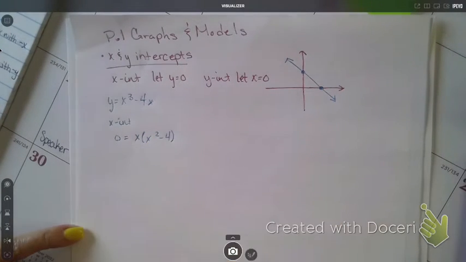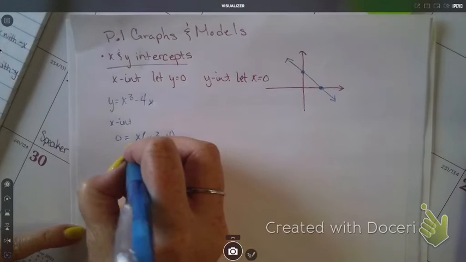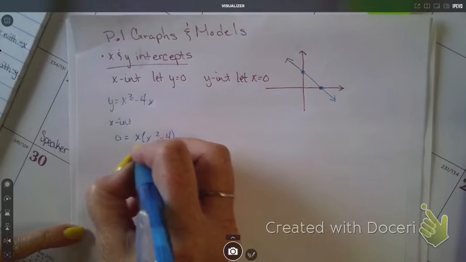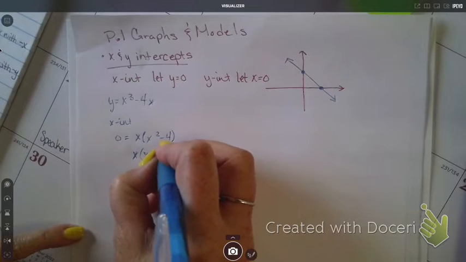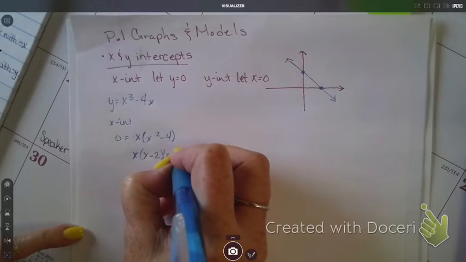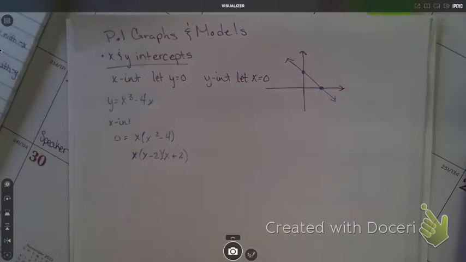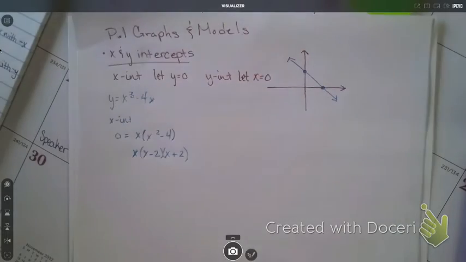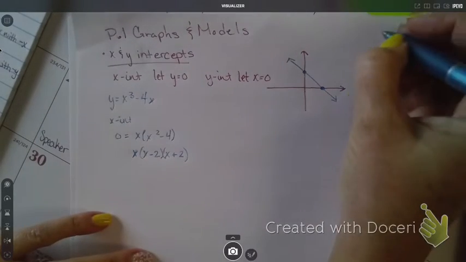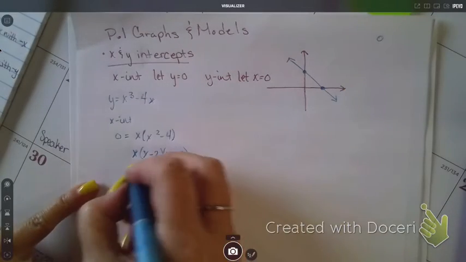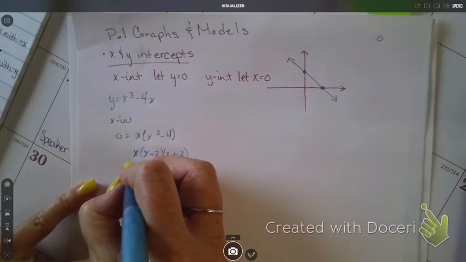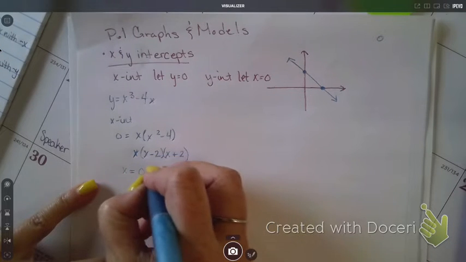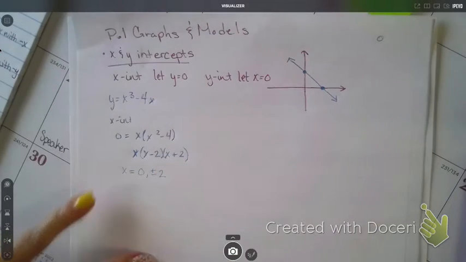No. So we have x times x minus 2 and x plus 2. So x equals what? 0, plus or minus 2. Okay, so 0 and plus or minus 2.